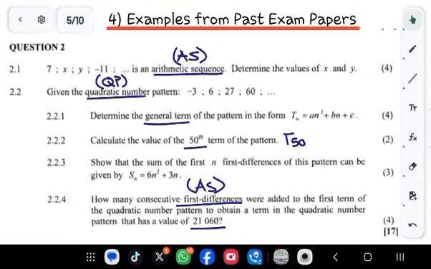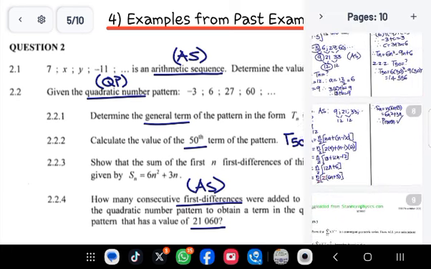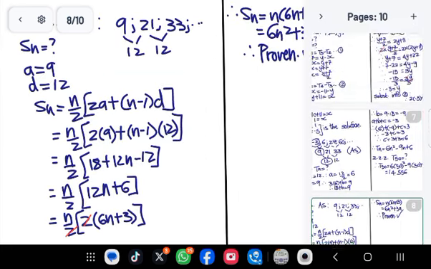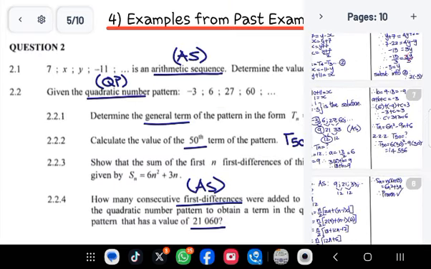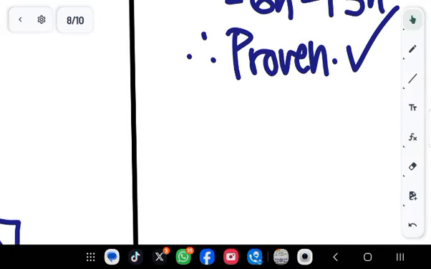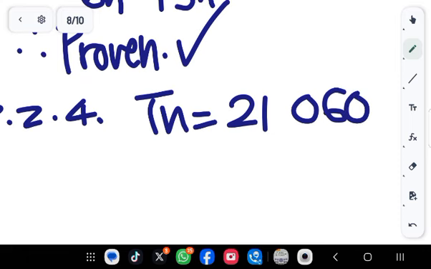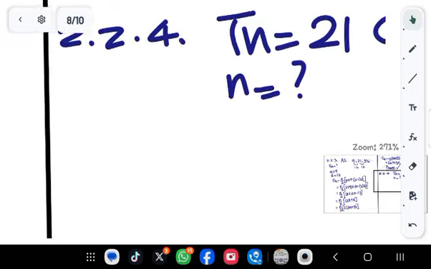The number is 21,060. The nth term that we're dealing with is 21,060. We need to figure out what this term number is so that we can find the number of first level differences.